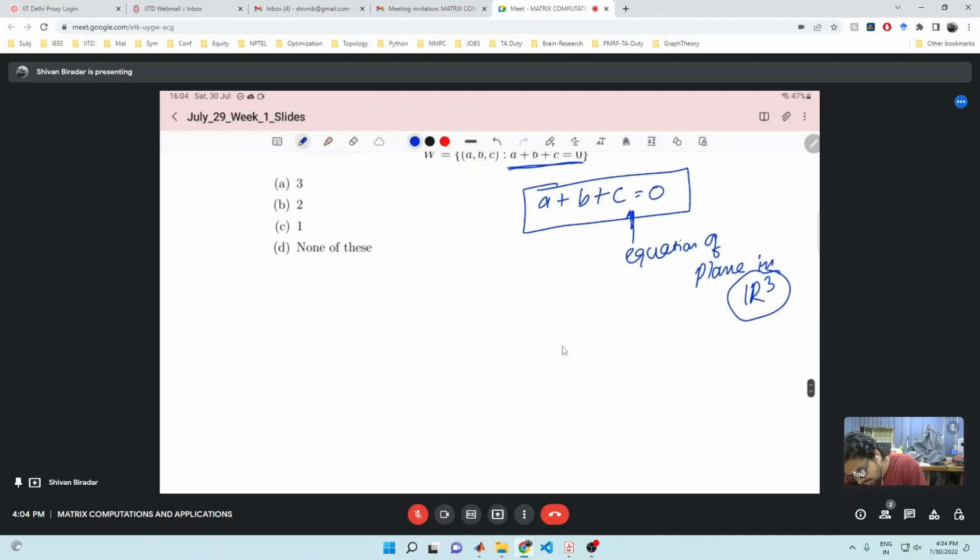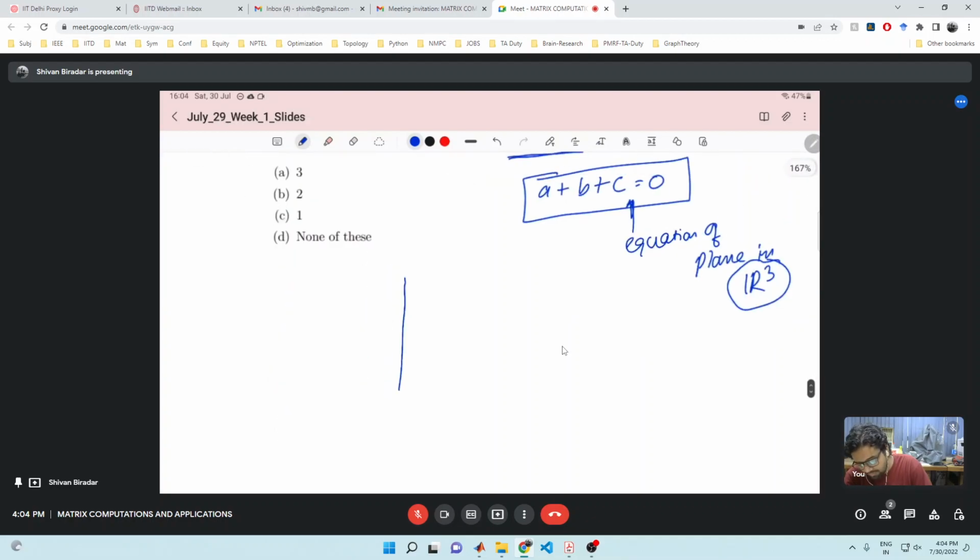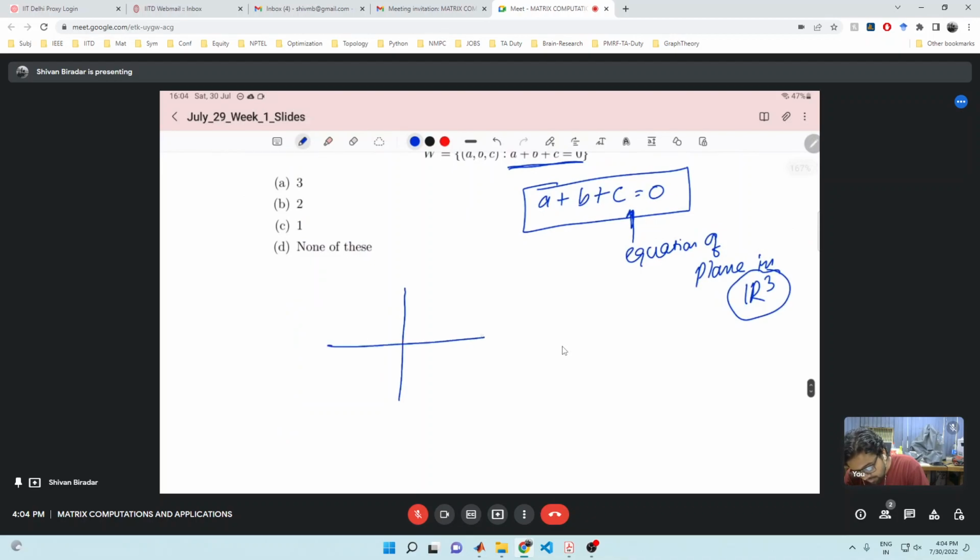And remember, there are three coordinates: this is X, Y, Z. For generating a plane in three dimensions, you need only 2 vectors. So if you have these 2 basis vectors, then you can generate a whole plane.